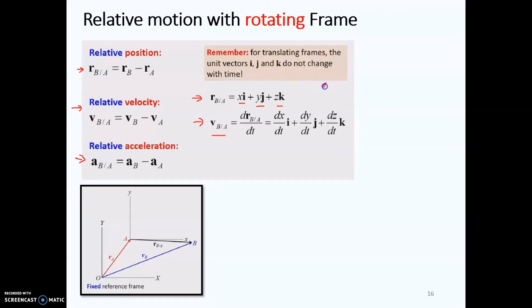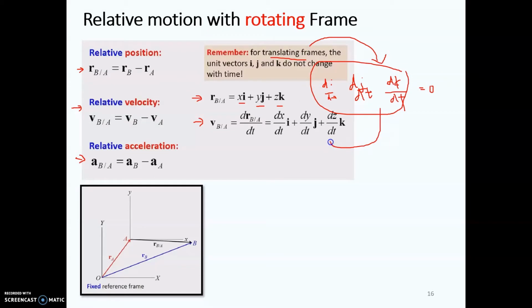Therefore, if you differentiate i with respect to t, differentiate j with respect to t, or differentiate k with respect to t, since the direction is constant, you will obtain 0 for this derivative. So for the translating frame, the derivative of the direction is equal to 0.